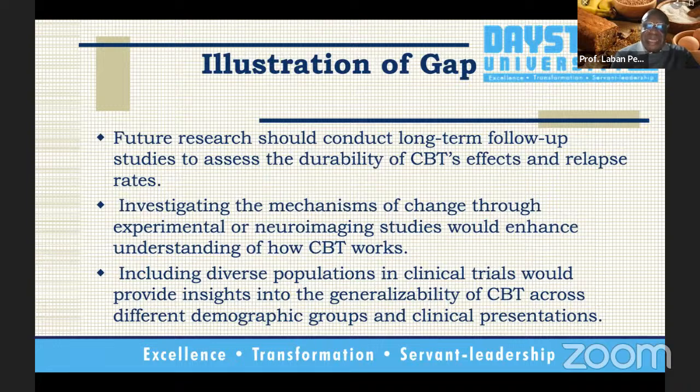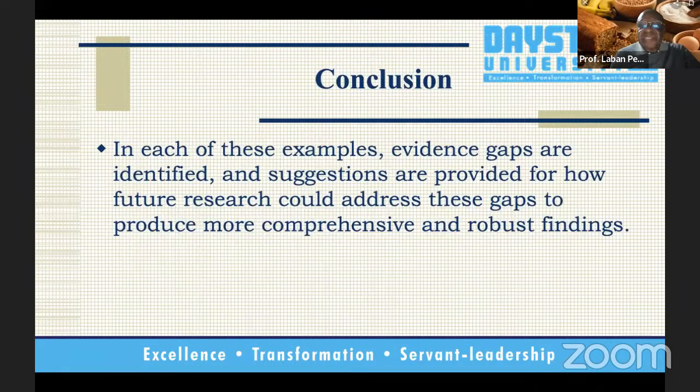Three, including diverse populations in clinical trials should provide insights into the generalizability of CBT across different demographic groups and clinical presentations. Conclusions: in each of these examples, evidence gaps are identified and suggestions are provided for how future research could address these gaps to produce more comprehensive and robust findings.